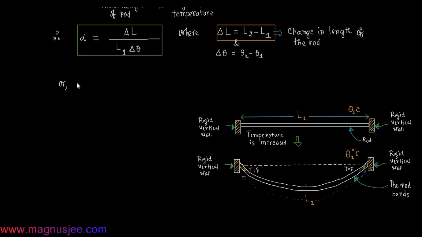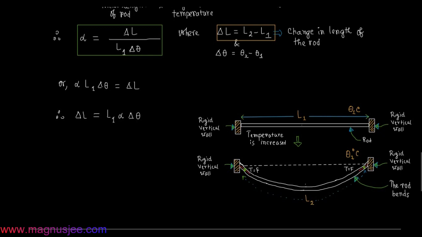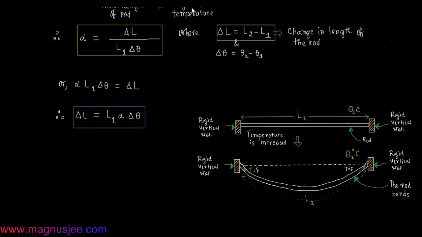Or, alpha L1 delta theta is equal to delta L, which is the change in length. Therefore, delta L equal L1 alpha delta theta, where delta theta is change in temperature and delta L is change in length of the rod.